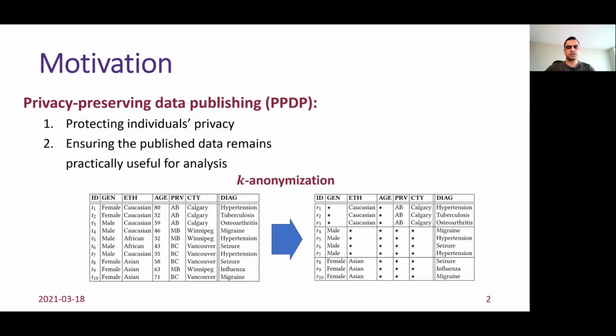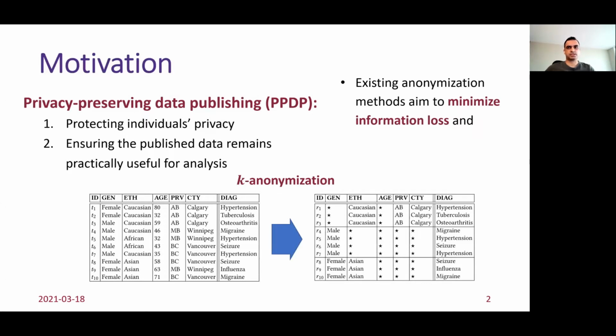So the result of k-anonymity is going to be a relation like this, which in this case is 3-anonymous. The existing anonymization methods, like algorithms for k-anonymization, ensure that the published data is useful by minimizing information loss, which is often measured by minimizing the number of these stars that are introduced in the published data.